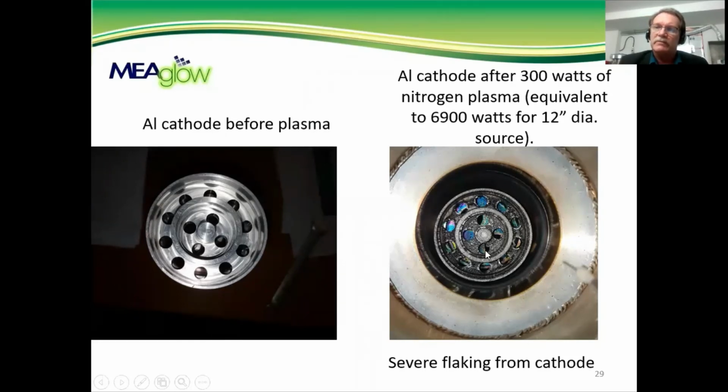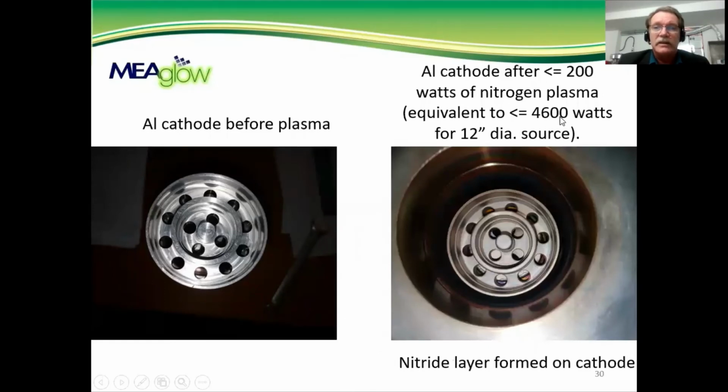But when we worked out the power we had applied, which was 300 watts to these 2.5-inch diameter cathodes, the equivalent for the 12-inch cathode would have been 6,900 watts. And we really only wanted to go to 3,000 for the 12-inch diameter cathode. So we could apply a lot less power and hopefully be below this sputter threshold that we were seeing for the aluminum.